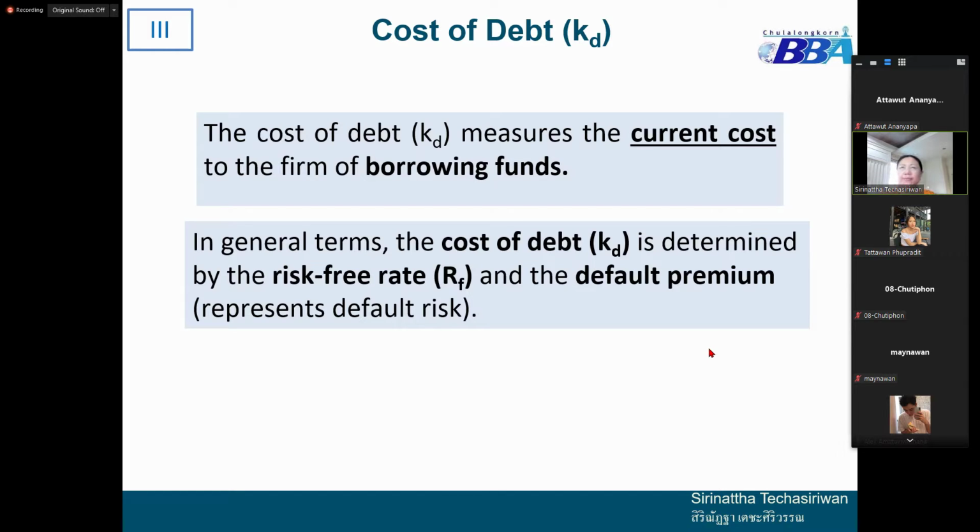It might not be totally right when I say now. Actually, when I say current cost, for example, if you want to value a project, the cost of debt is supposed to be the cost at which the company can borrow to finance that project, like in capital budgeting.